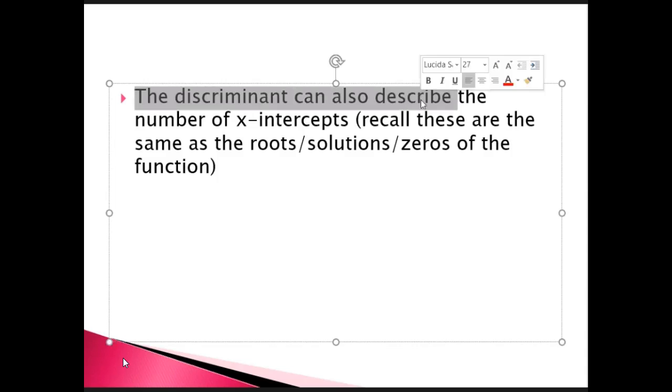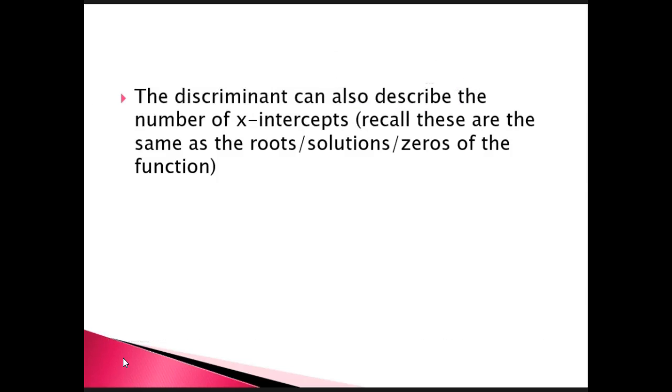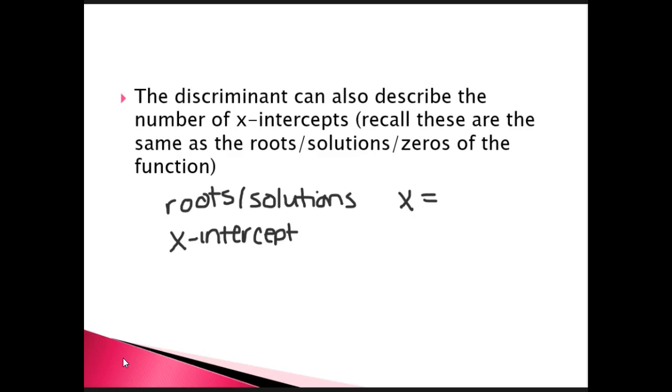So the discriminant describes the number of x-intercepts, because the root solutions and zeros are all sort of the x-intercepts. They just have different names. So the roots or solutions, they're always given to you as x equals a number or a variable or a power, etc. An x-intercept or a zero is always given to you as a point on the graph where y is equal to 0.